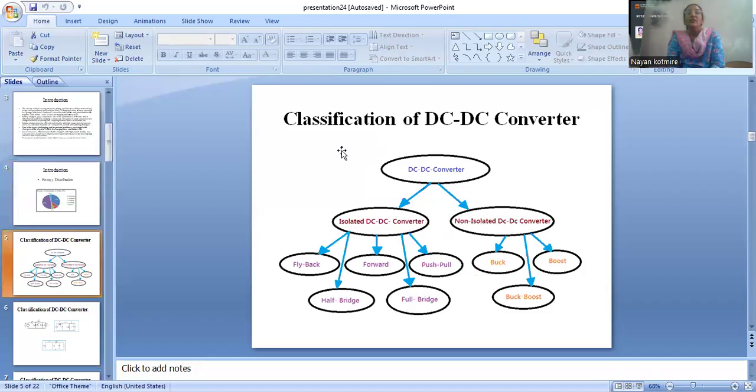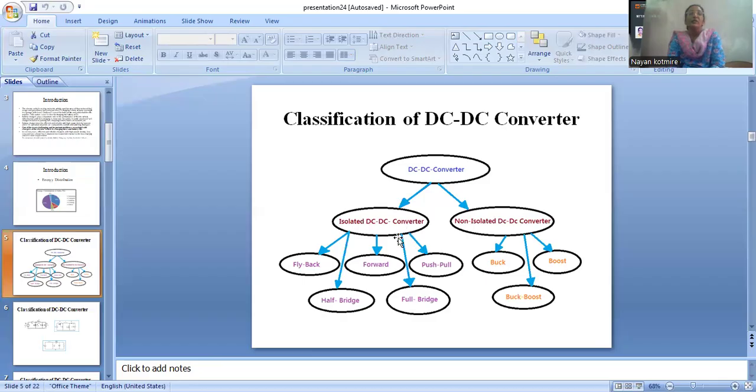This is the classification of DC-DC converter, which consists of isolated and non-isolated DC converters. An isolated DC-DC converter has a transformer, and a non-isolated DC converter has no isolation. They use capacitors, inductors, and diodes. Because of the use of capacitors, diodes, and inductors, there is less stress on the switching, and these components give low conduction loss.